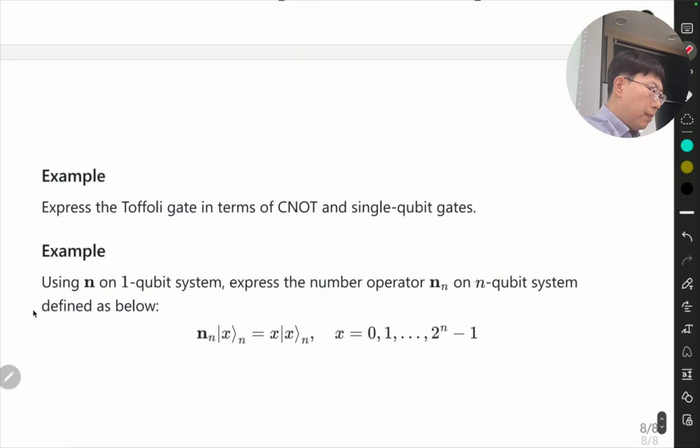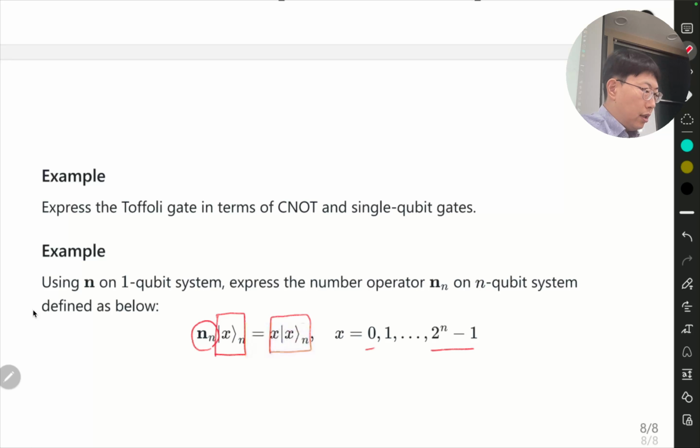So you can think about the number operator also in terms of n-qubit acting on the n-qubit state. So for example, if you have an n-qubit state represented by an actual number X, ranging from 0 to 2 to the n minus 1, then the number operator acting on this n-qubit state is defined this way.